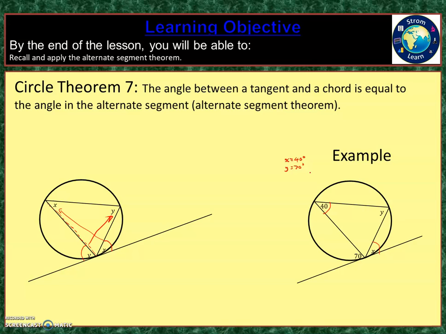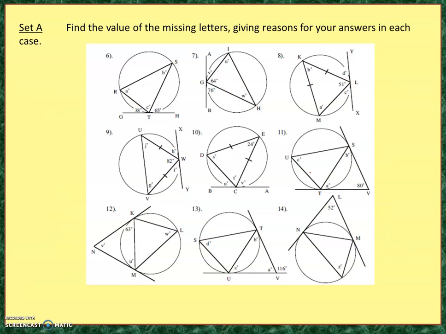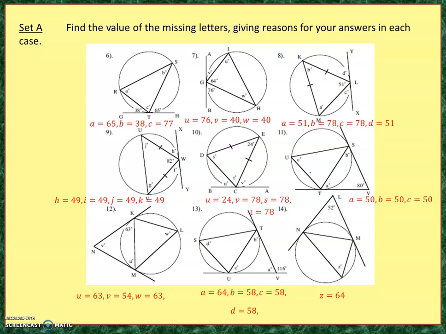Not at a right angle, although there's no reason why this rule can't apply with right angles, but that is the kind of thing you're looking for. So here are some questions to try using that theorem, or maybe some of the previous theorems as well. And the answers.